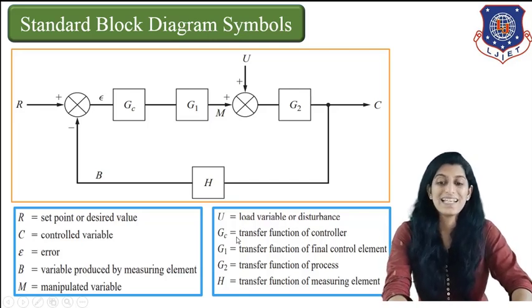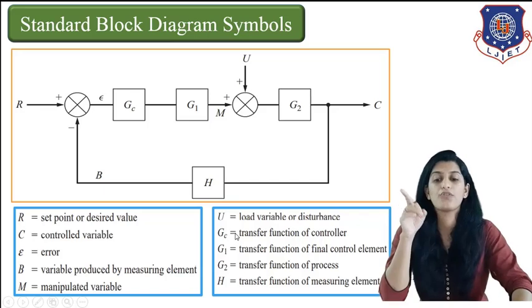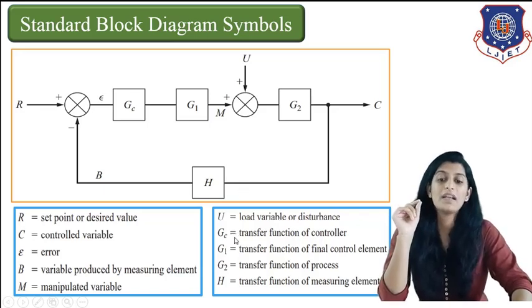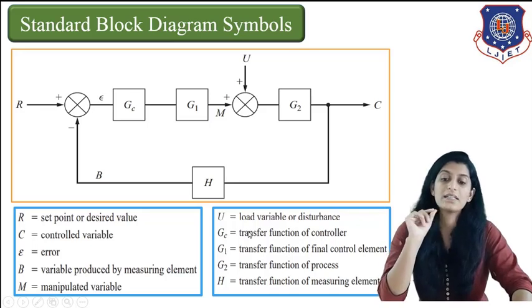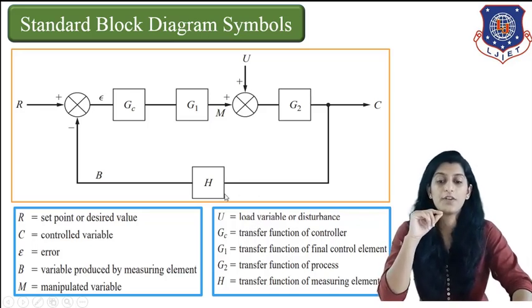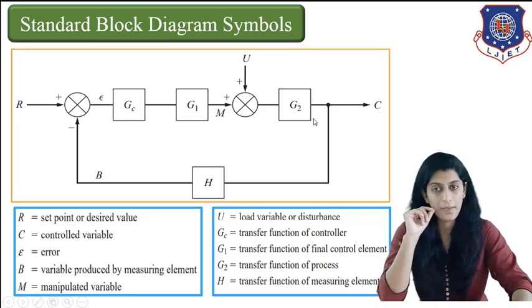Now coming to the blocks, you can see U here. U is a load variable or disturbance. GC is the transfer function of the controller. G1 is the transfer function of the final control element. G2 is the transfer function of the process and H is the transfer function of our measuring element. Correct.